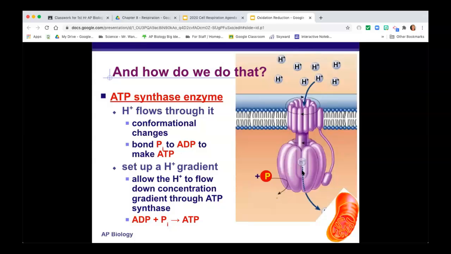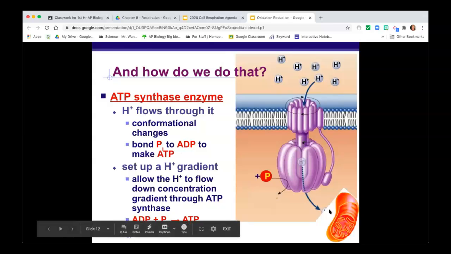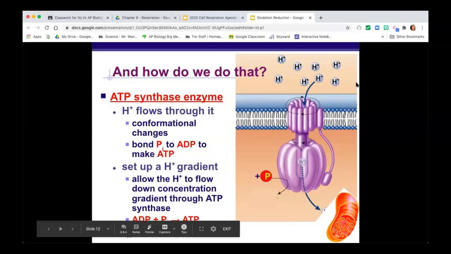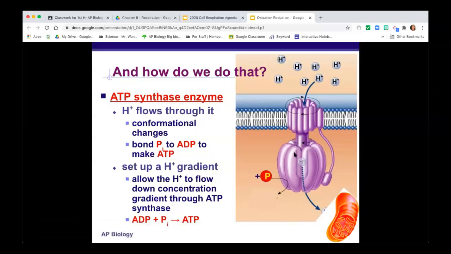We need to build up the gradient with pumps, the purpose of the electron transport chain. And when you have a high gradient, it's able to diffuse through the ATP synthase to combine inorganic phosphates with ADP to make ATP. This is the same process as the ATP synthesis in photosynthesis. We're going to call this chemiosmosis.